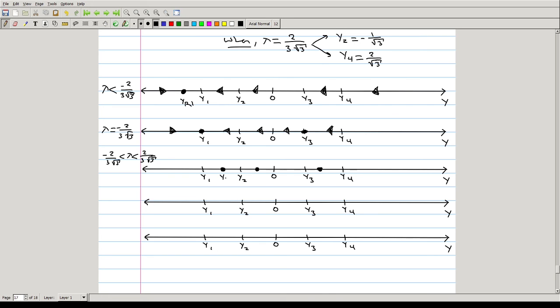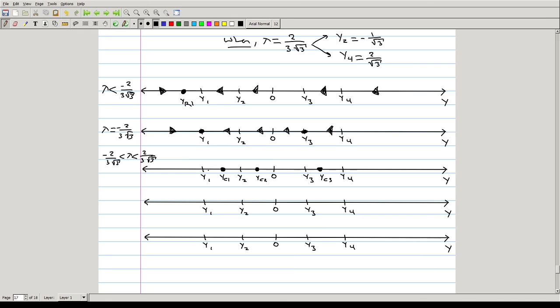So you can call this yc1, yc2, and yc3. This is for any value of lambda in between these two values. You can show this using the cubic equation.